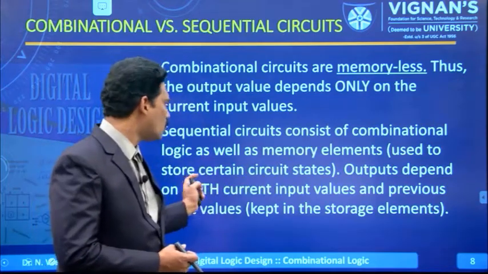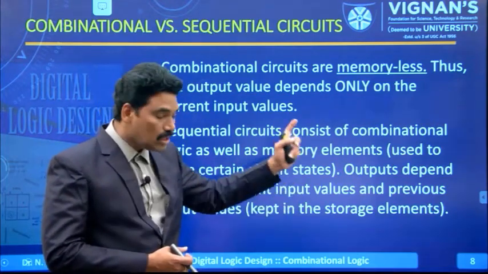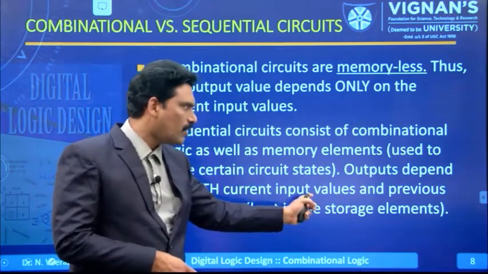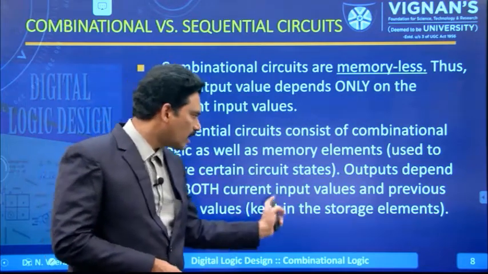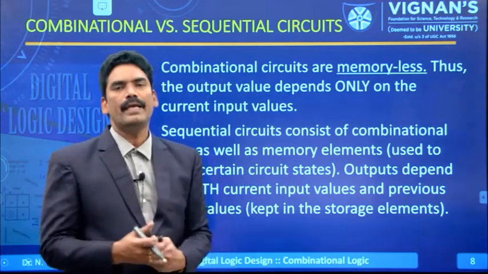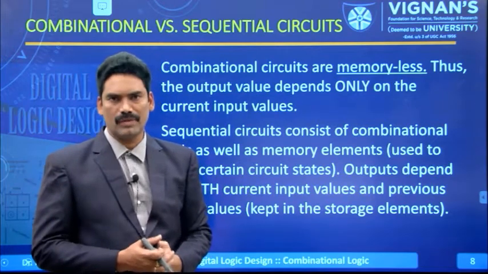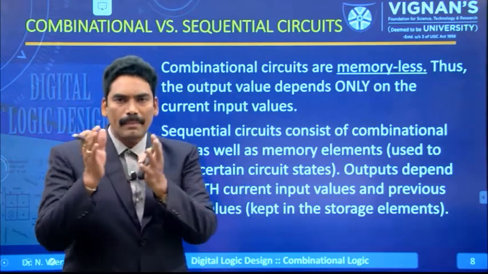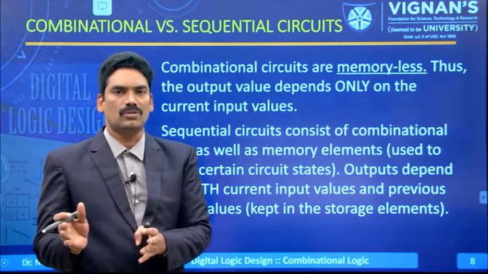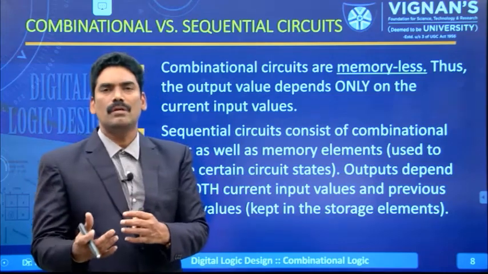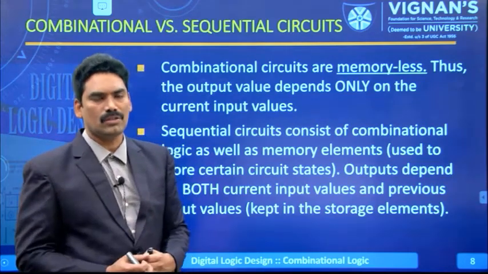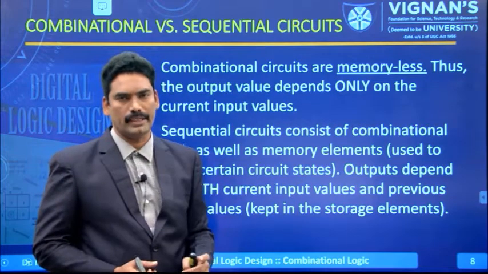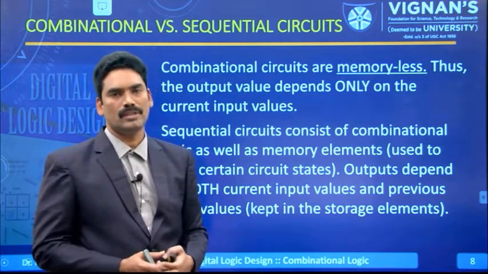They are used to store certain circuit states, and the output depends on both current input values and previous input values kept in the storage elements. The main difference is that there is no memory element in a combinational circuit and a memory element is present in a sequential circuit. The purpose of this memory element is to store certain circuit states.